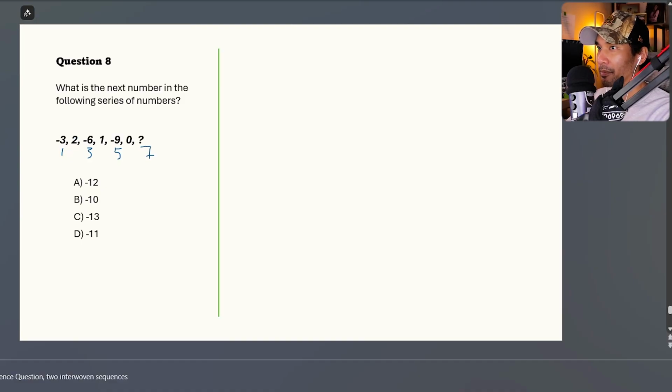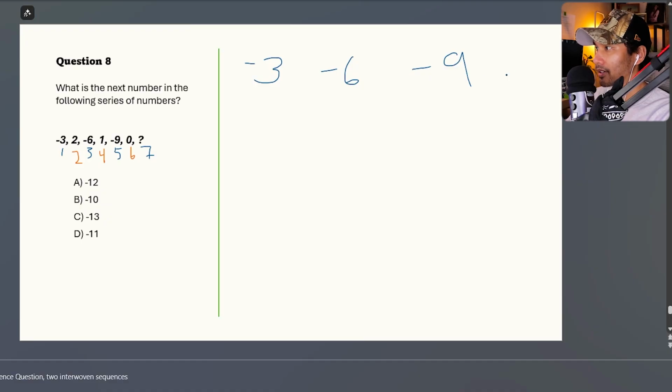And then the even numbers are here, 2, 4, 6. And then if we write the odd numbers down, -3, -6, -9, do we see what's happening here? Do we see the pattern here?